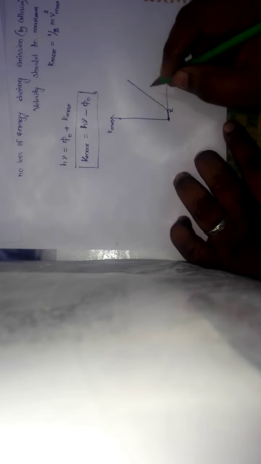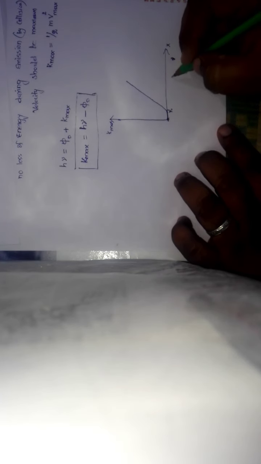After the threshold frequency, which is the minimum frequency, when the frequency increases, the kinetic energy of the ejected electrons also increases. So the graph is a straight line. Drawing the negative axis like that.